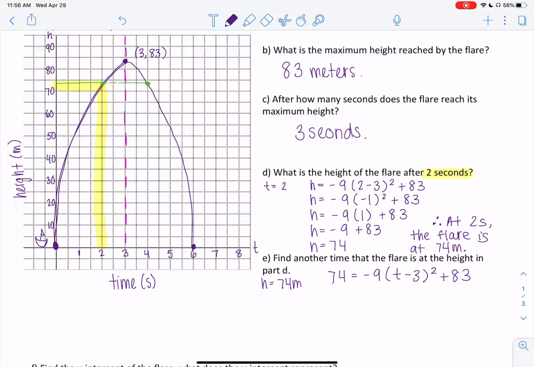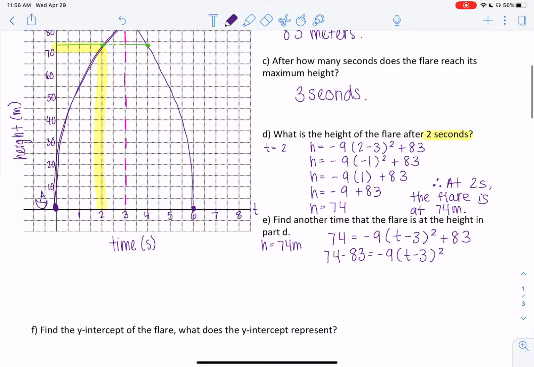So let's move that 83 over. So that will give us -9 equals -9(t - 3)². Next, we'll divide out that -9 on both sides. And we'll get 1 equals (t - 3)².